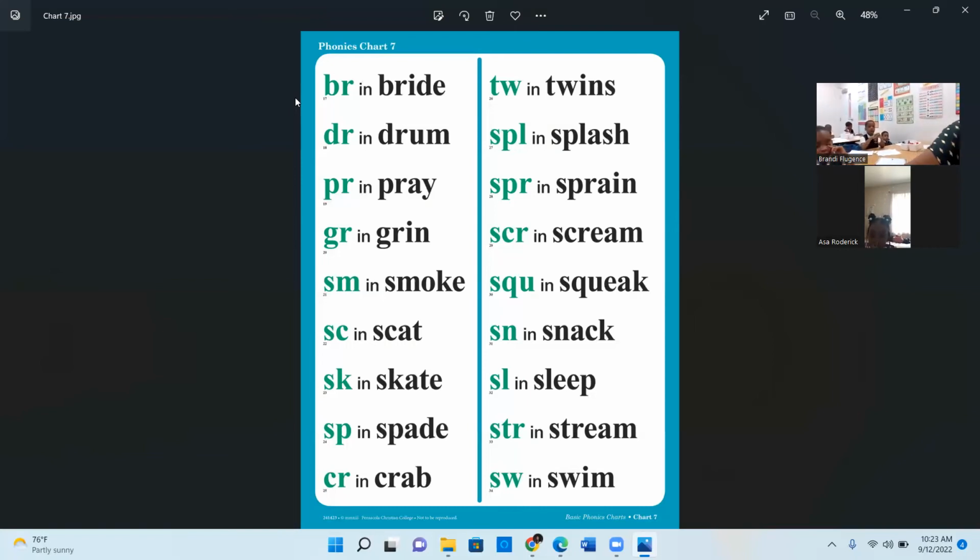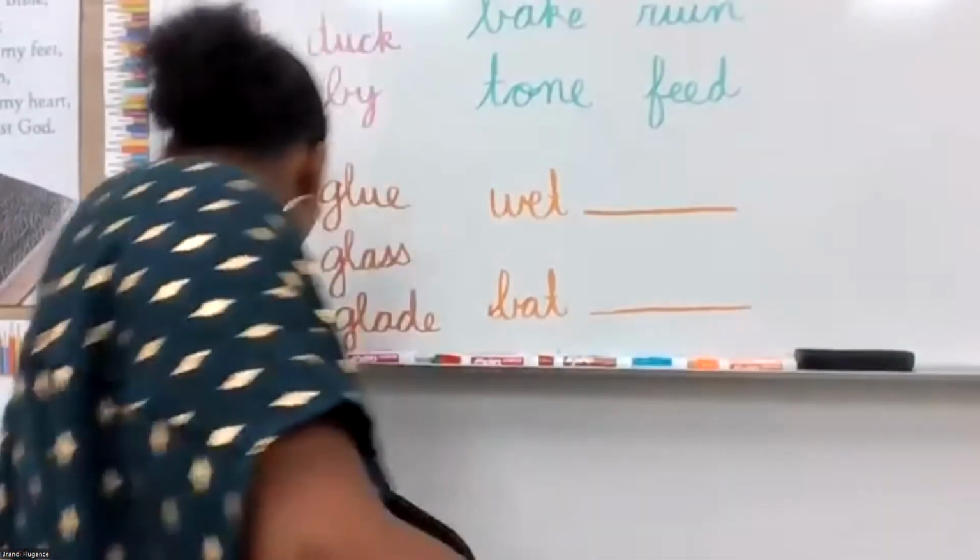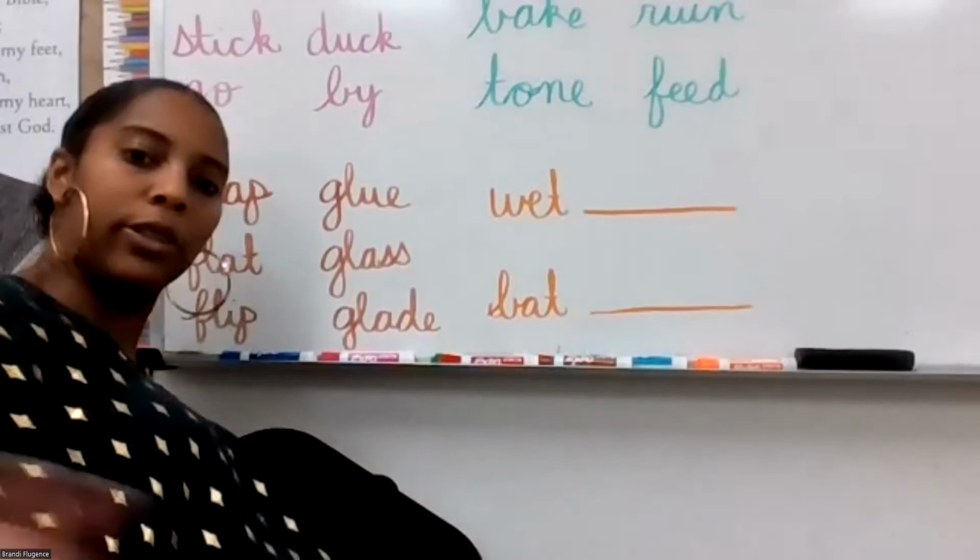STR says stir, and stream. SW says swat, and swim. Awesome. All right, so those are the sounds on chart 7. We'll introduce those sounds tomorrow. We'll start with our first set of sounds.